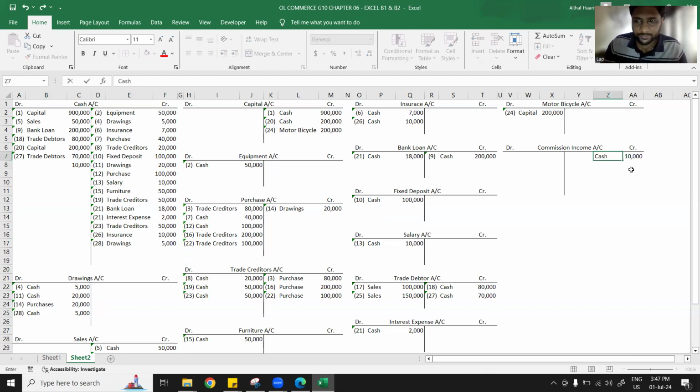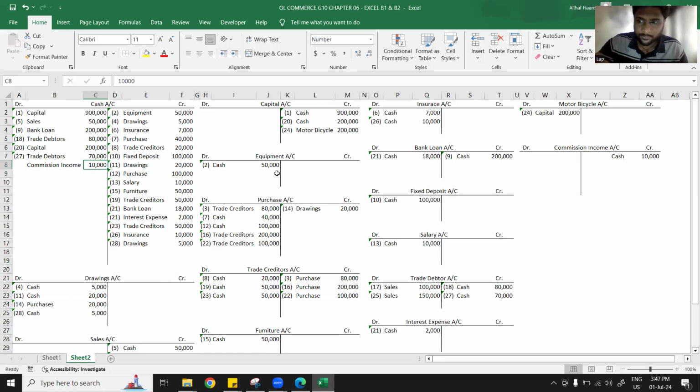Here cash, here commission income. Transaction number 29.